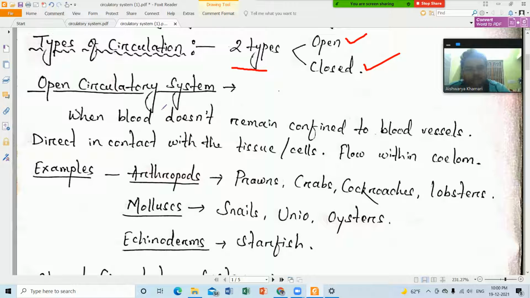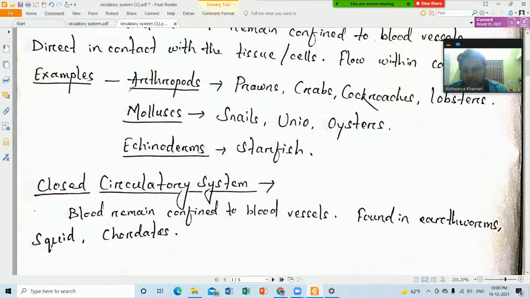If you look into the examples of the open circulatory system, that includes some arthropods, such as prawns, crabs, cockroach, and lobster. They have the open kind of circulatory system. They are under the category of arthropods. Some mollusks, including snails, unio, and oysters, also have an open kind of circulatory system.